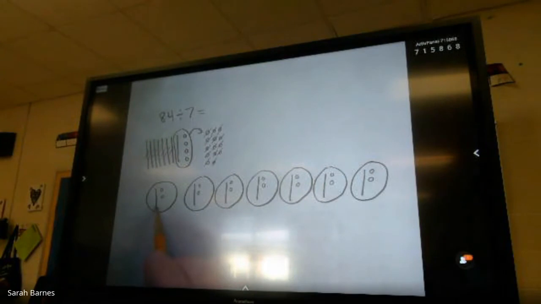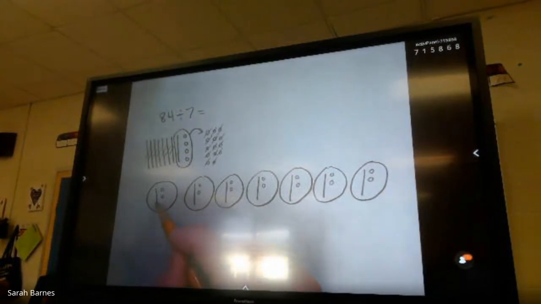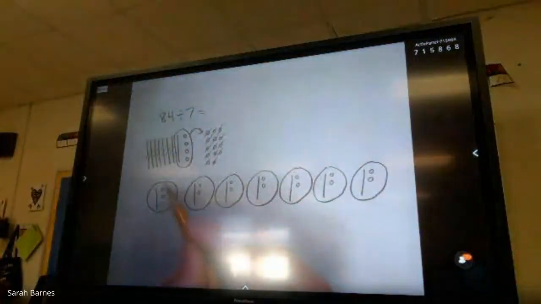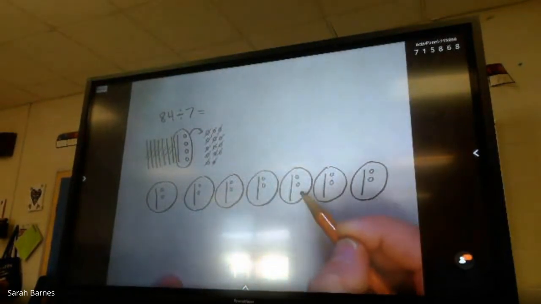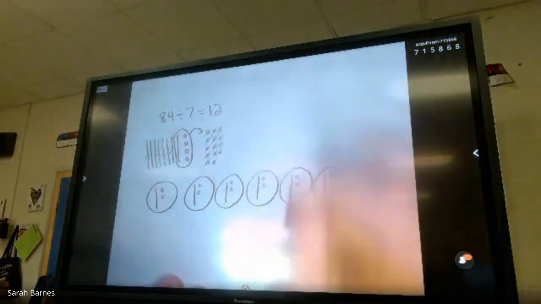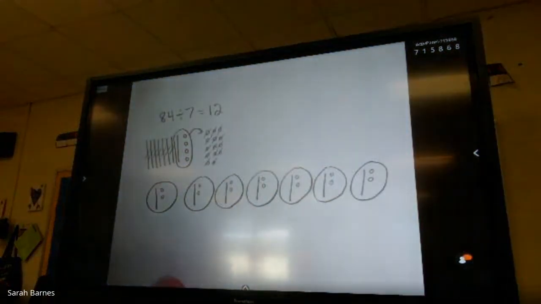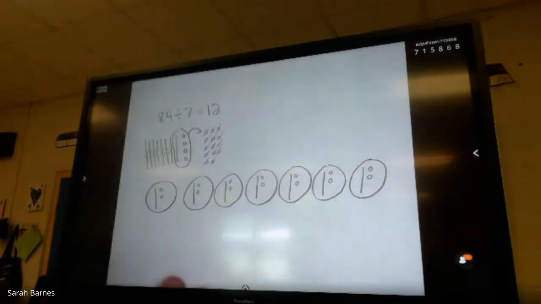And each group has 1 ten and 2 ones. 1 ten, the value is 10. 2 ones, the value is 2. This represents the number 12. Each group receives 12. That's our quotient. 84 divided by 7 equals 12.